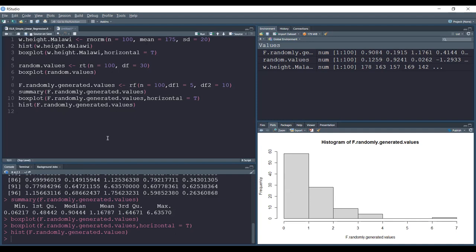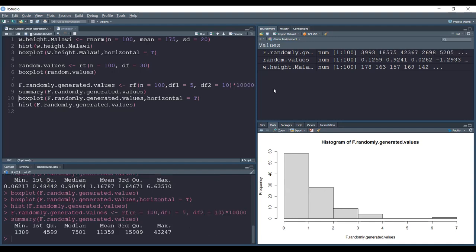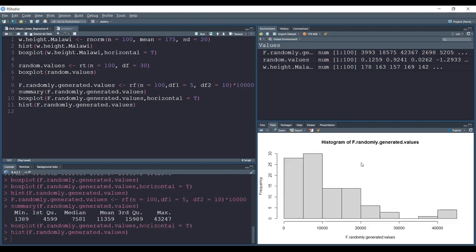By the way, I can see a lot of applications for this in the world of insurance. Why don't I multiply by 10,000?